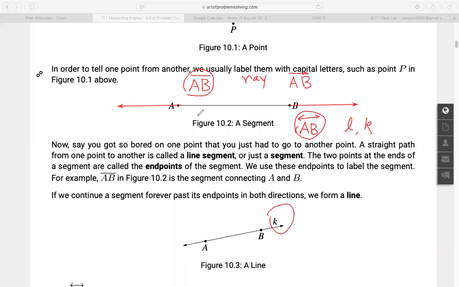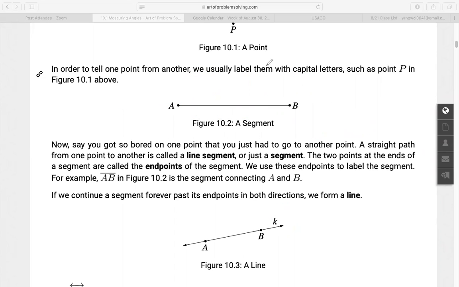We use AB to denote the length of this segment AB. Suppose this one equals 2.5 centimeters. So you can write AB equals 2.5 centimeters. That means the length of this segment AB equals 2.5 centimeters.